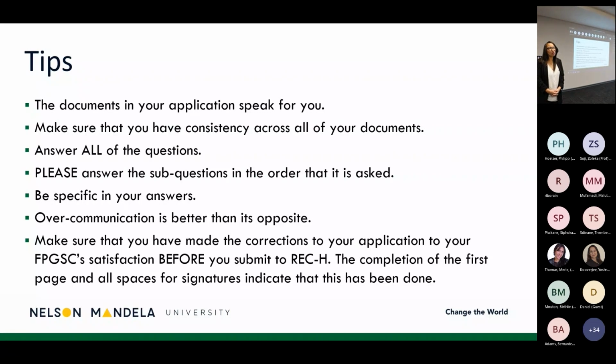Answer in the order that we ask you. Answer in the format that we give you. And remember that over-communication is better, but be specific. If we ask you about recruitment, don't tell us about the theory of recruitment. Don't tell us about enrollment. Speak to recruitment. And you can over-communicate about that.